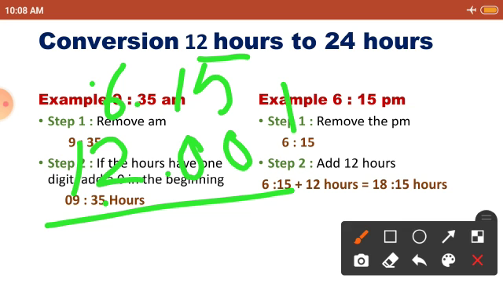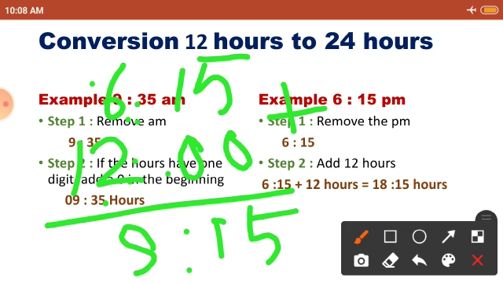Let's add both of these. 5 plus 0 you will get 5. And 1 plus 0 you will get 1. And here what will come? This symbol will come, that is 2. Next you have to add 6 plus 12. 6 plus 2 you will get what? 8. And the next number is 1. So what will you get now? 18:15 hours. Or it is 18 15 hours.